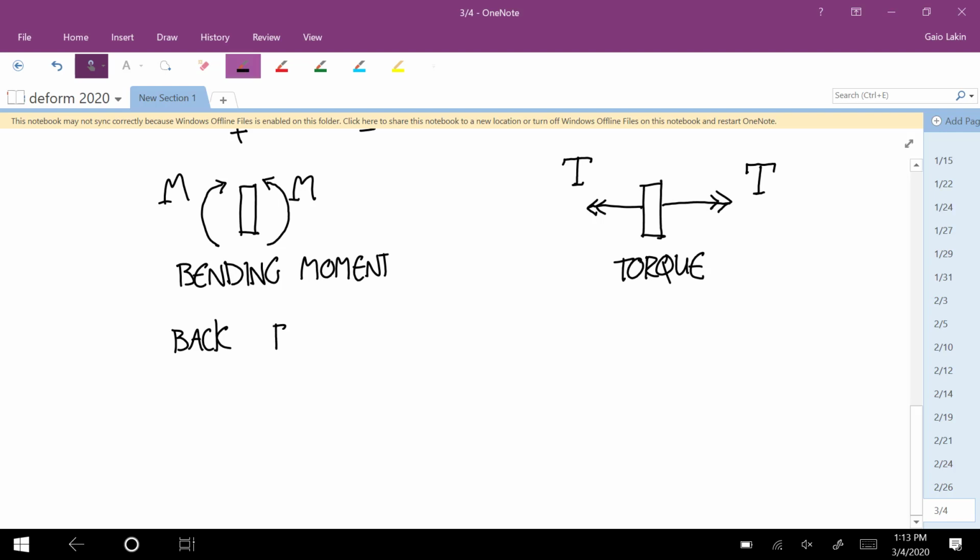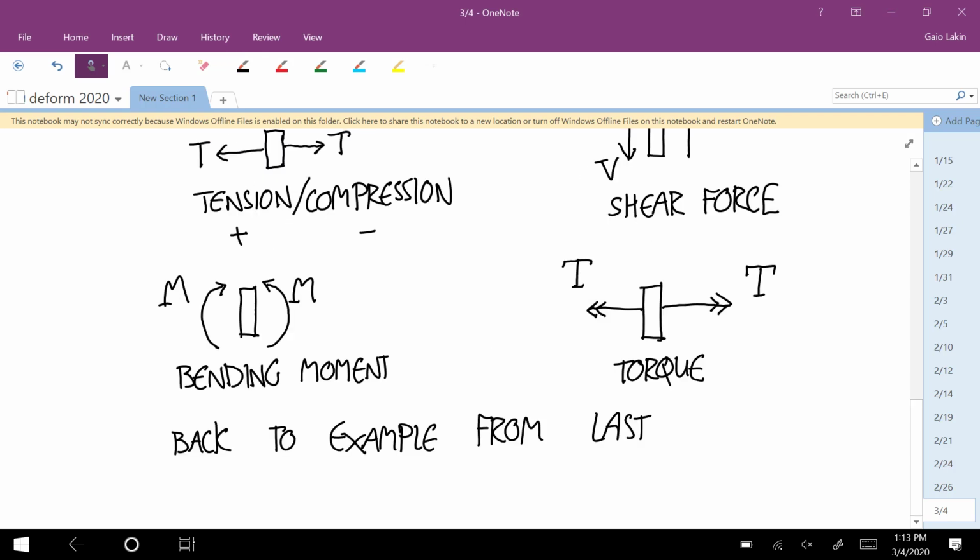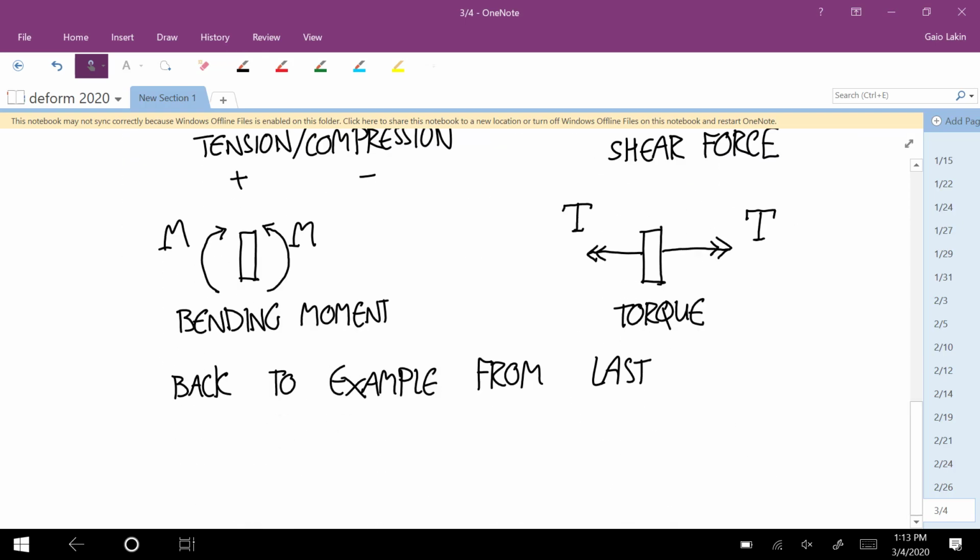Okay, so back to the example from last time. Oh, no, I got carried away. Here, put this aside for later. I need a step 2.